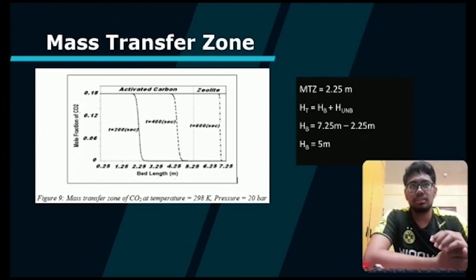Approximately, the concentration starts to change at bed length equal to 2 meter at time 200 seconds until bed length equal to 4.25 meter at time 400 seconds, and then repeats. Thus, the calculated MTZ is 2.25 meter. From the above equation, the used bed length up to the breakpoint, which is HB, can be determined, which is 5 meter.